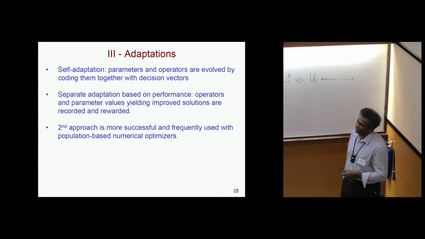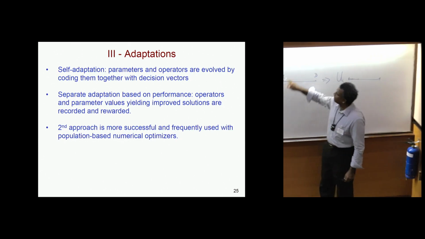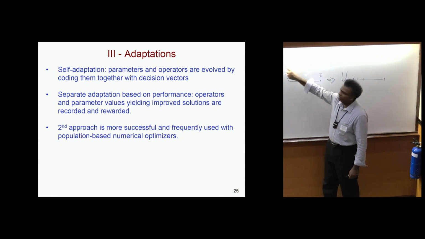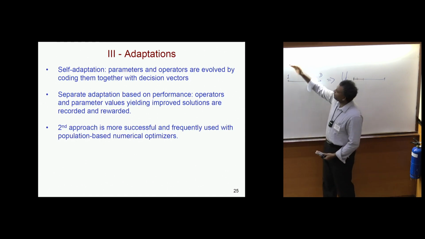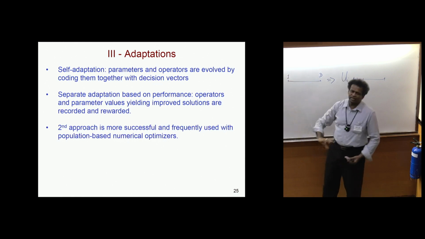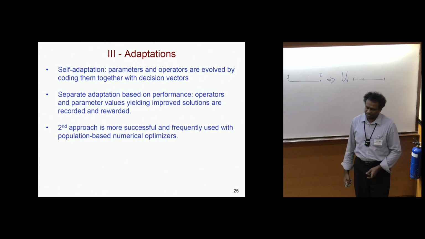In the self-adaptation, with the solution string, you can attach the operators, mutation operator, crossover operator, their parameter values. You can attach them and make the candidate solution longer. But what you are doing is you are going to evolve these operators as well. The operators will also evolve through the generations.